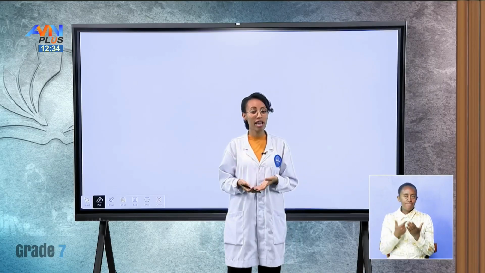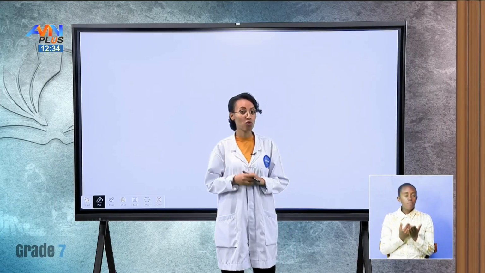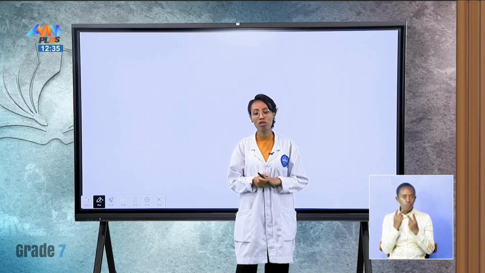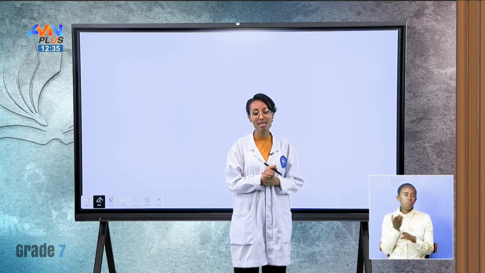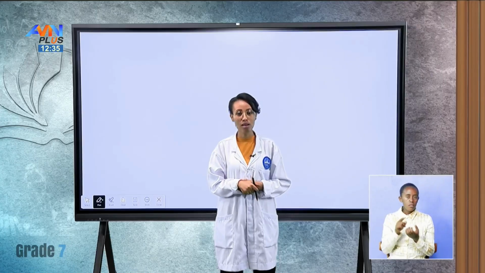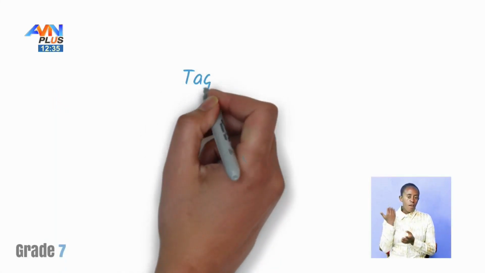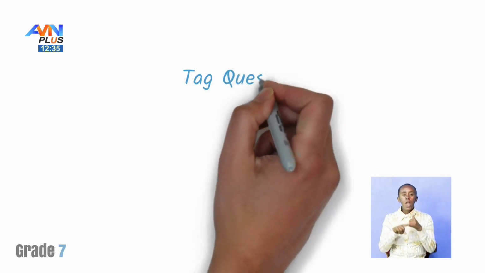So today's lesson is apostrophe. But before we talk about apostrophe, let's go back to the earlier class and revise a few things. If you remember, our earliest class was about tag questions.